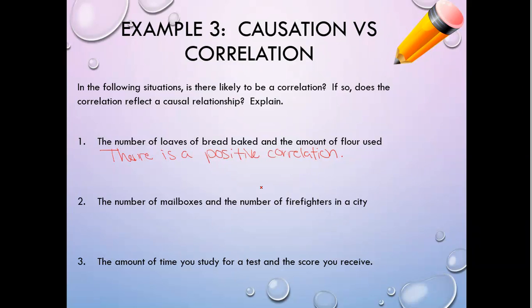Now, is there a causal relationship? Does the number of loaves I bake cause the amount of flour to go up? Yes, that is true. If I bake 5 loaves of bread, I'm caused to use more flour. That would be a good explanation to write.